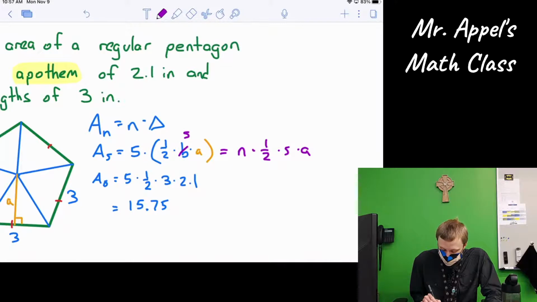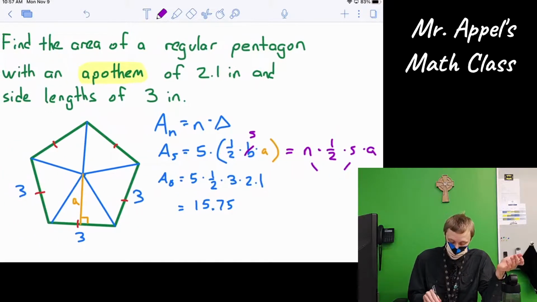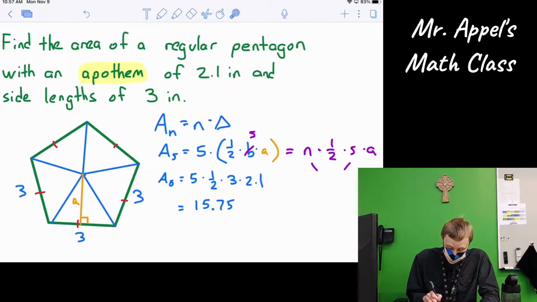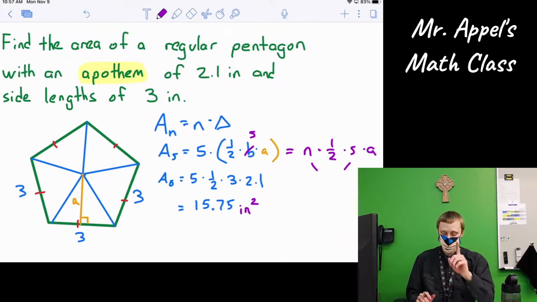And the number of sides times the side length for a regular polygon is the perimeter. That's the distance all the way around. We go 3 inches in each direction. Oh, speaking of inches, do make sure we're dealing with area. This is inches squared, right? Watch those units.